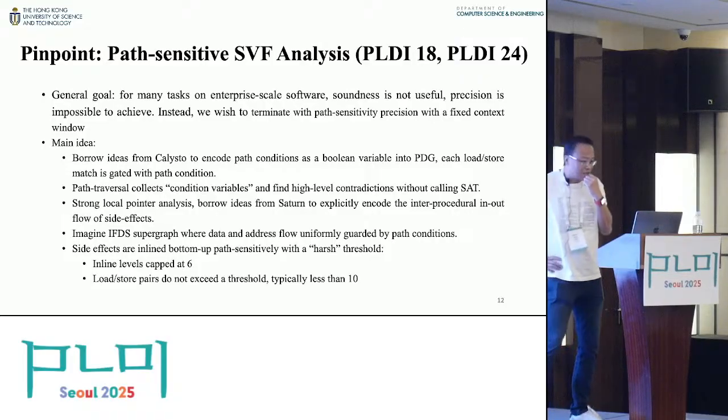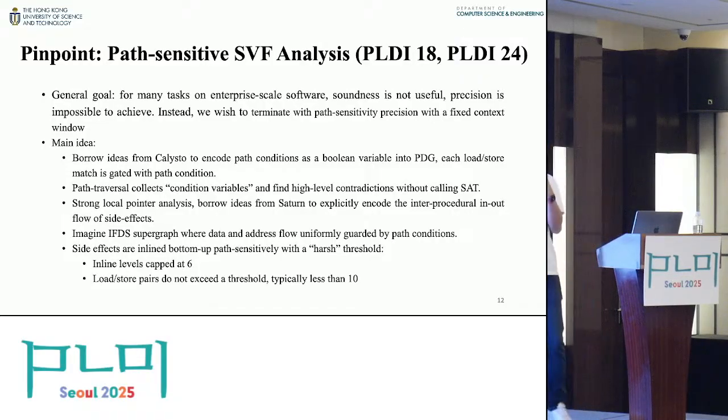We want the highest possibility of precision, which is path sensitivity, of course, plus context and flow, all these sensitivities. In particular, we want to bring path sensitivity into the picture, but with a fixed window, with fixed levels of context. Hopefully we can produce some good results in software of that size.